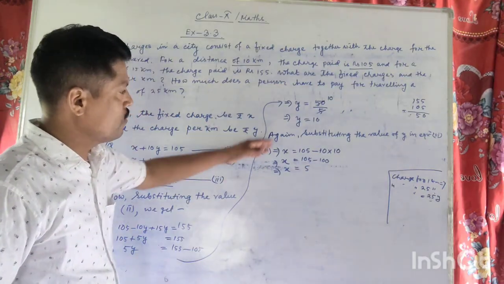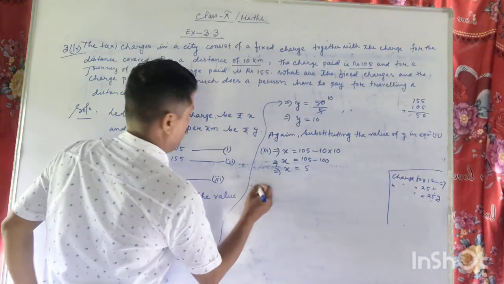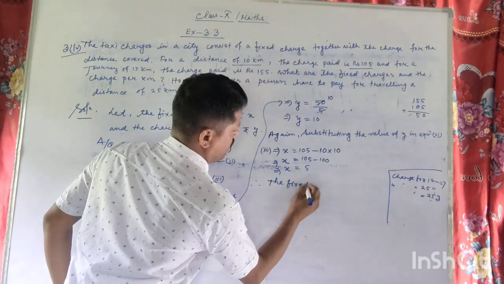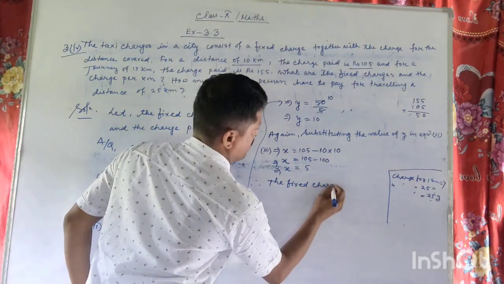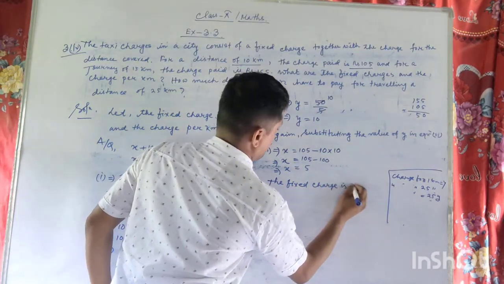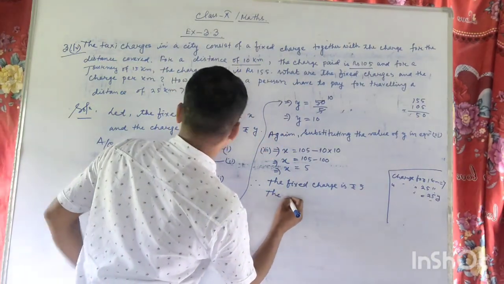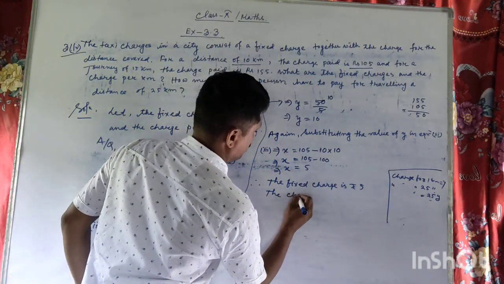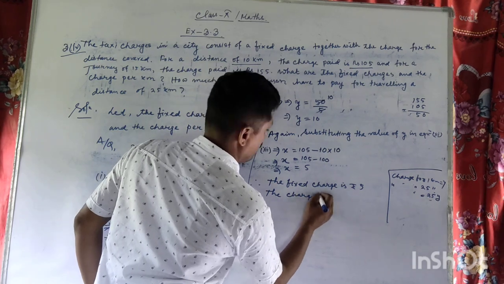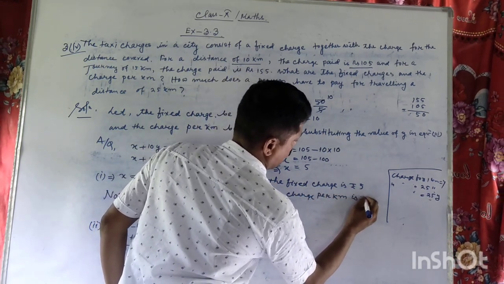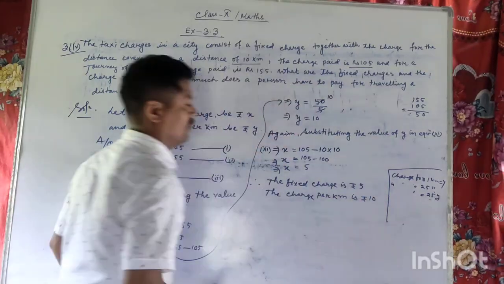So before this we have to write here, therefore the fixed surge is rupees 5. The surge per kilometer is rupees 10.